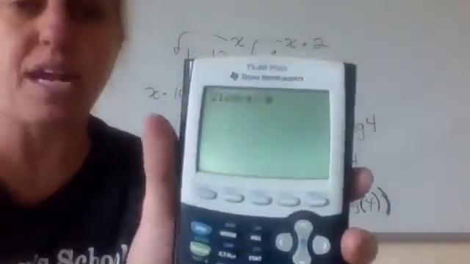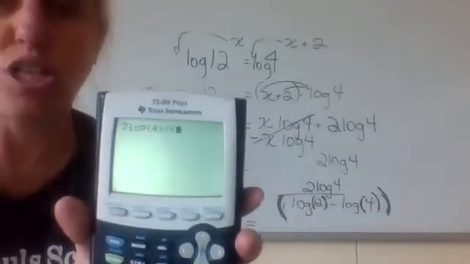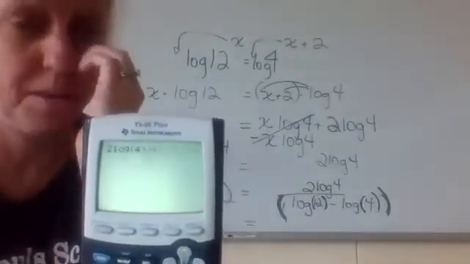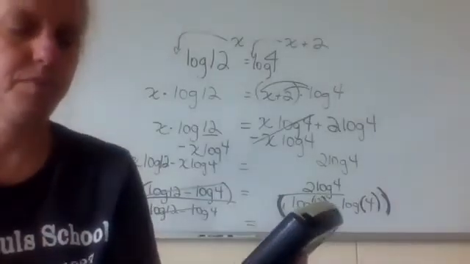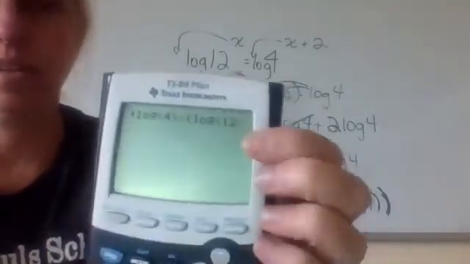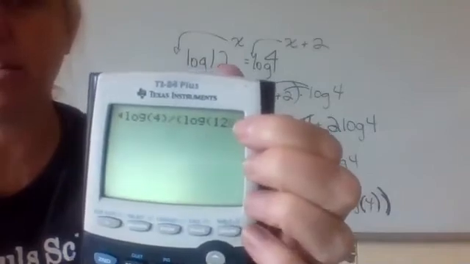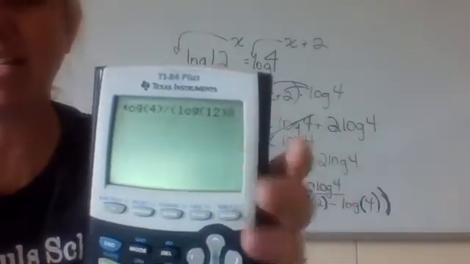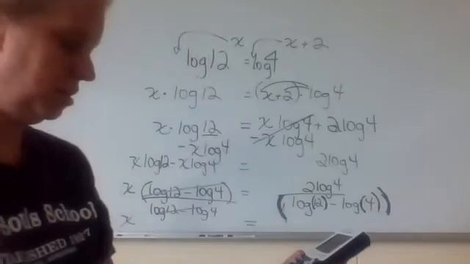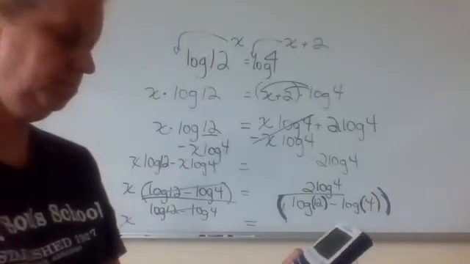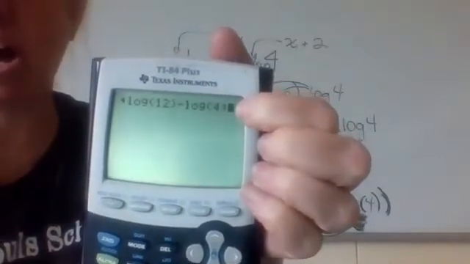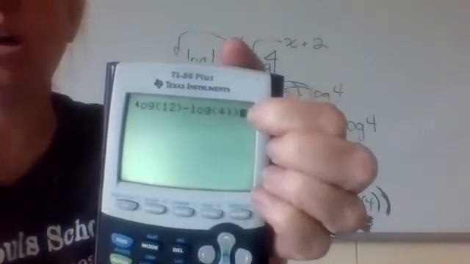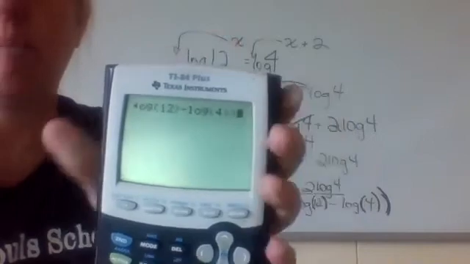So before you type in anything, type in the first open parenthesis, then log 12. And then after the 12, you're going to have to close it. Minus log 4. Remember, after the 4, you're going to have to close that log and then another close to close out the whole denominator.